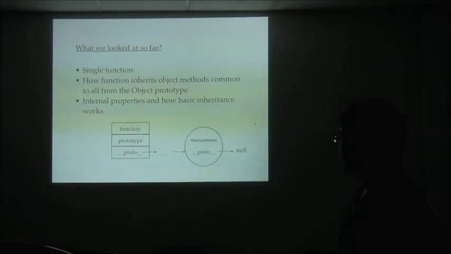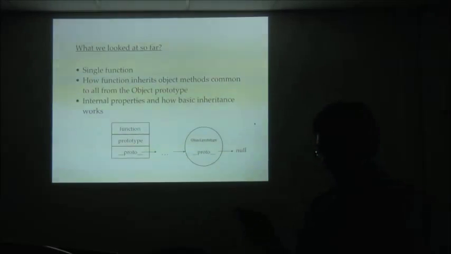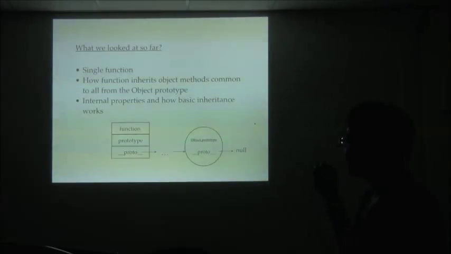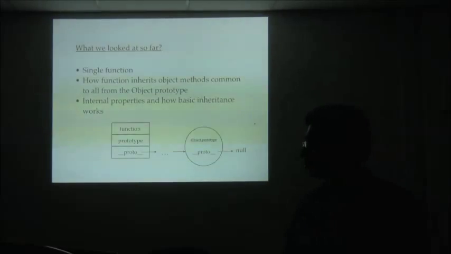Something I totally skipped in one of my previous slides is that even function objects have this property called the proto property, because a function is itself an object, right? And every object has a proto property.